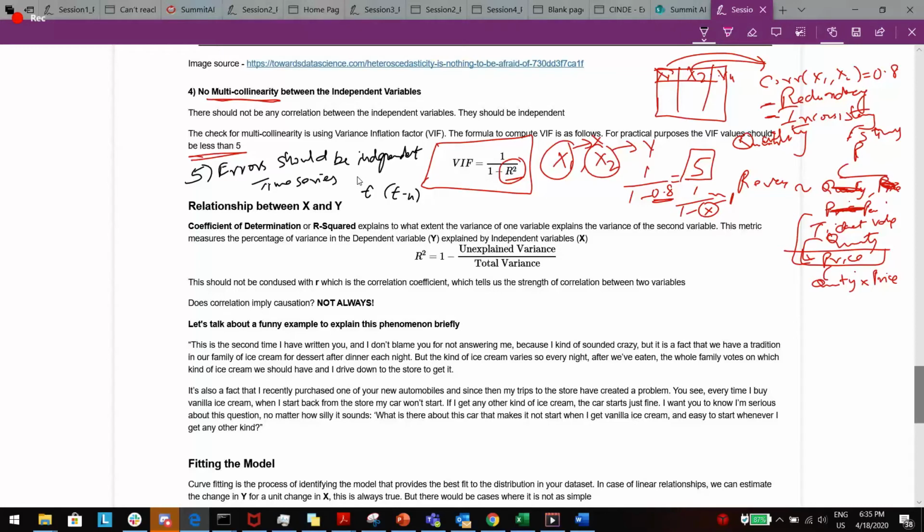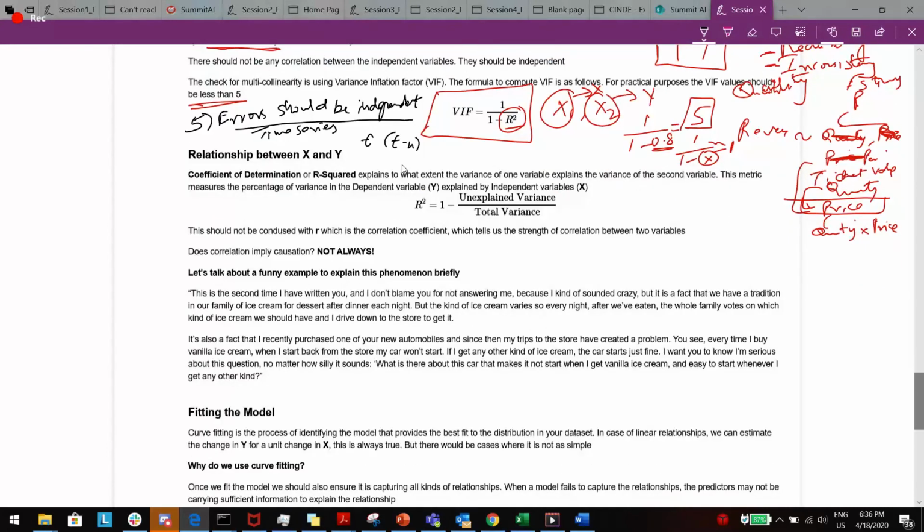I can bring more examples if required in tomorrow's session. For now, just make a rough note of this. These are basically the important assumptions which we need to keep in mind before we jump into building the linear regression models.